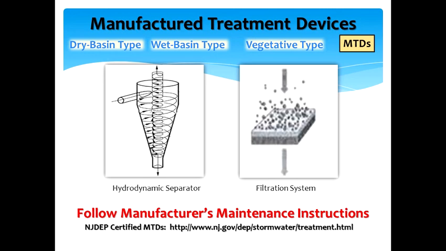Regardless of which methods and principles they adopt, MTDs normally need more frequent care to remove sediments or replace the treatment media. Those MTDs certified by NJDEP are available on the DEP's website, but in order to keep the MTDs functioning correctly, care must be taken to strictly follow the manufacturer's operation and maintenance manual.